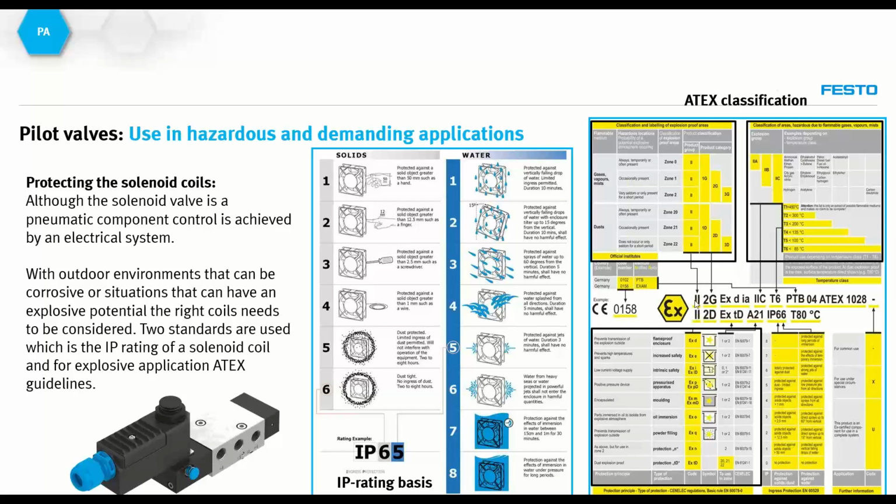From your application where the product is being used, the area is classified into different zones: 1, 2 or 0, which is the highest possibility of an explosion, and for dusty applications zones 20, 21 and 22. Each of these zones has a product category, 1G, 2G, 3G.